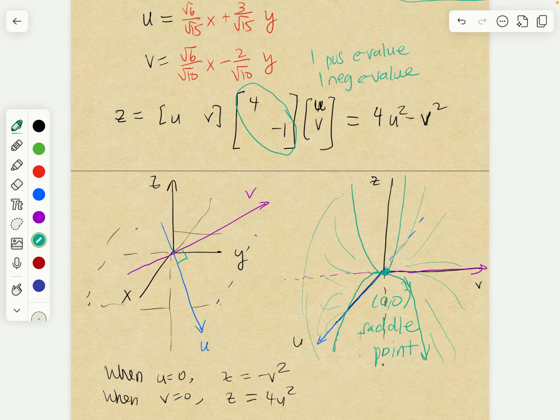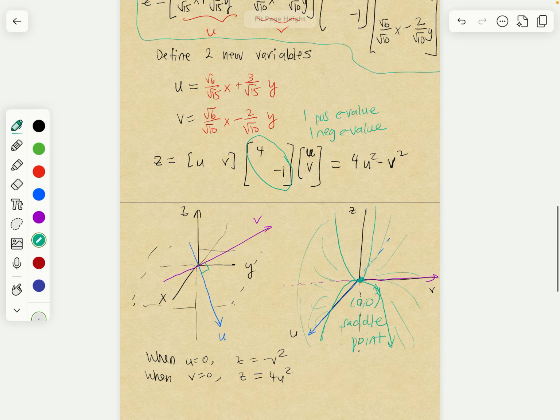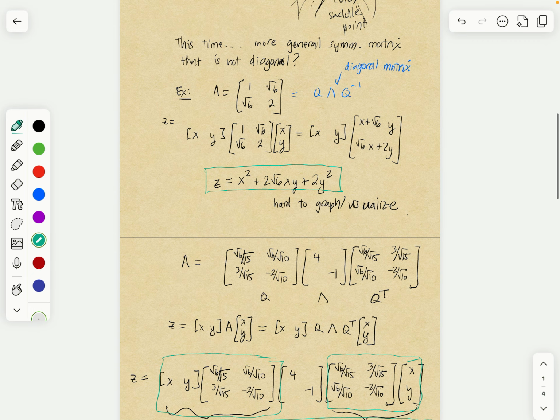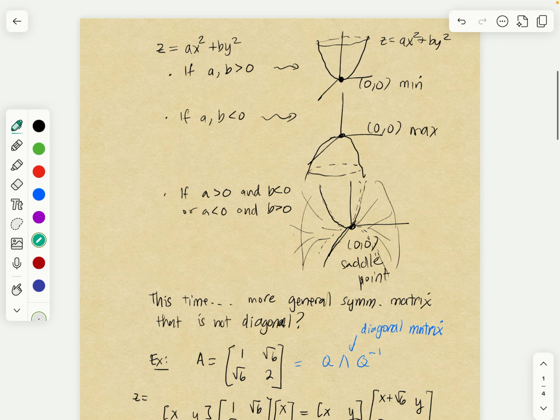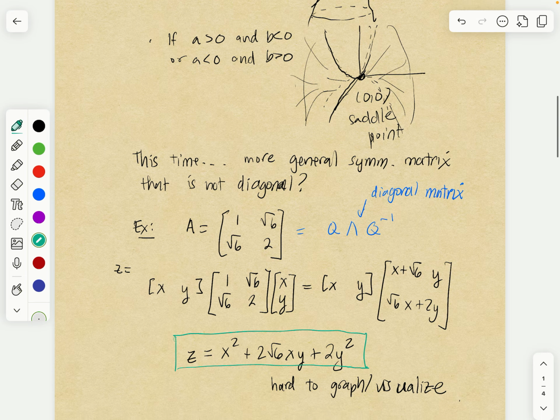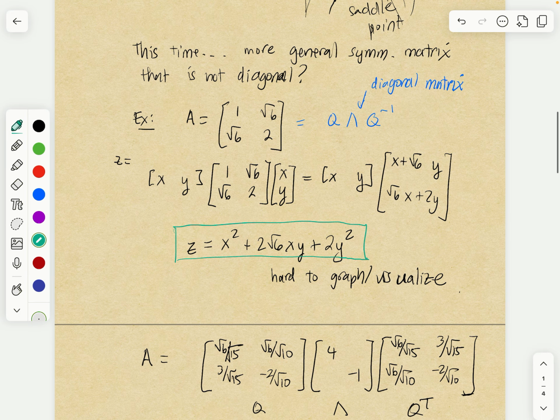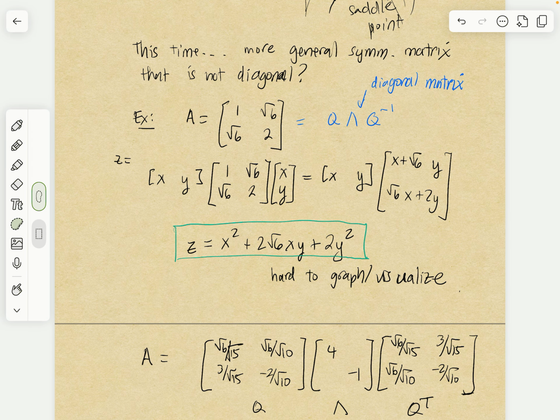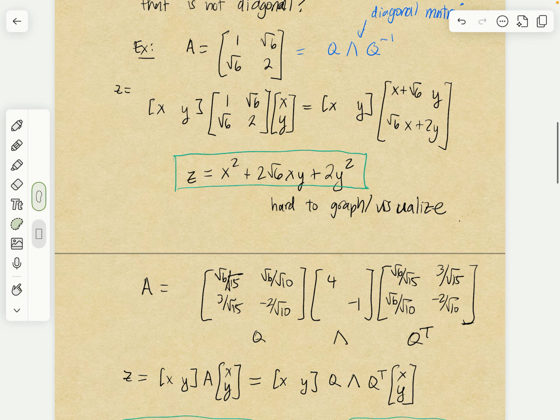So what did we learn in this video? We saw that when you have a symmetric matrix that's not diagonal, it's still symmetric, we can diagonalize the matrix. We knew that from the spectral theorem, but the point is that we can use that diagonalization to understand the associated quadratic form.